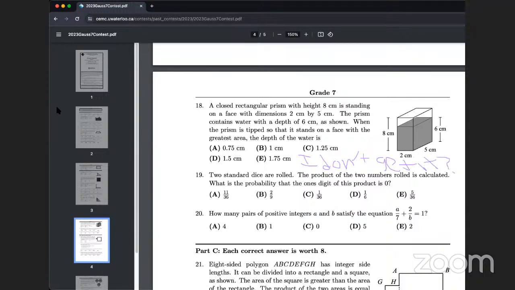Okay, wait. Ronnie doesn't get it. How many pairs of positive integers A and B satisfy the equation? So a positive integer is just a regular number that doesn't go into the negative. They're just using fancy terms, basically.